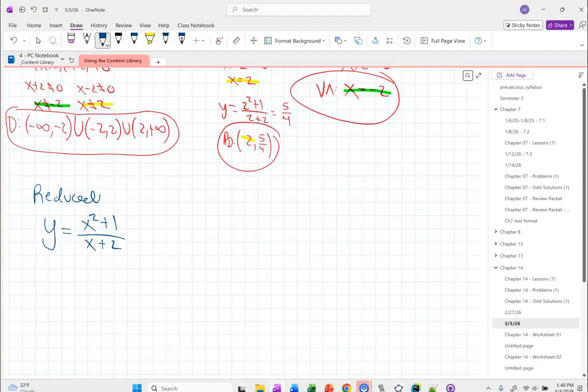In this case, the degree of the numerator is 2, because we're using the reduced version, and the degree of the denominator is 1. So we are in the greater than situation, because 2 is greater than 1.